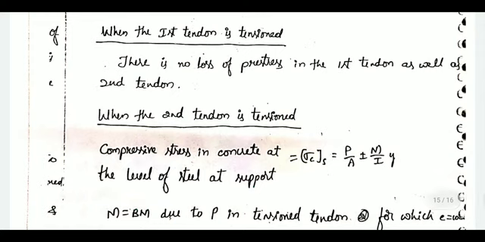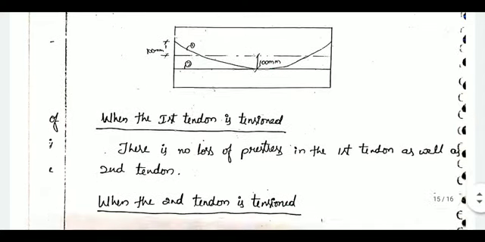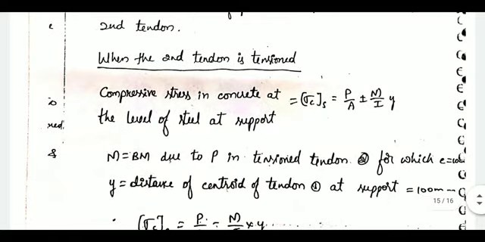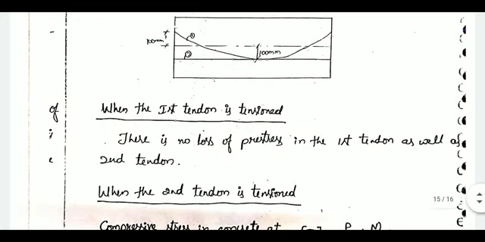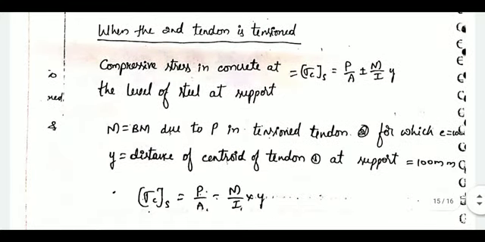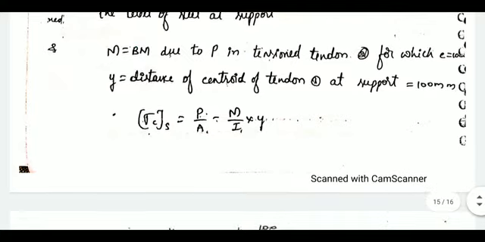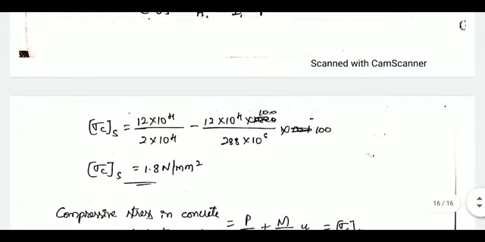When you tension the second tendon, here you should be very careful. For the bending moment due to prestress, tension in tendon P into E, E value will be 100 mm for the straight tendon and Y will be 100 for the parabolic tendon, but at support we have the first tendon above the centroidal axis, so P by A minus M by I into Y. We will get sigma C at support.